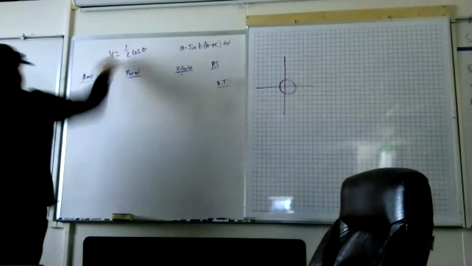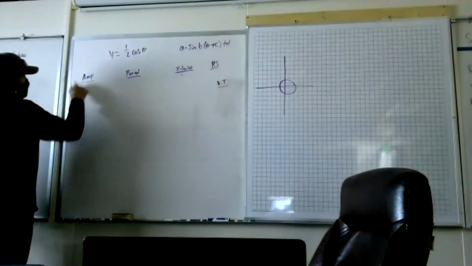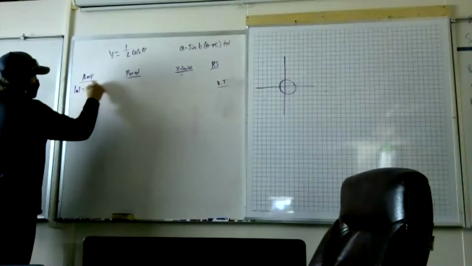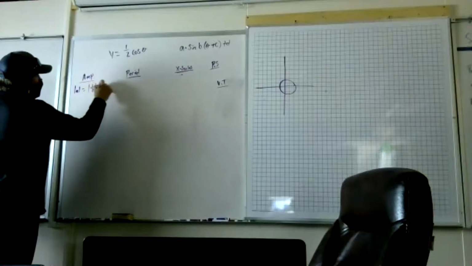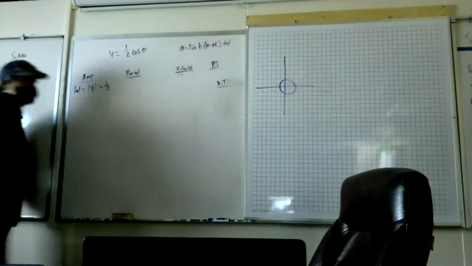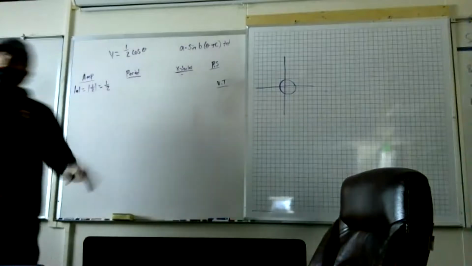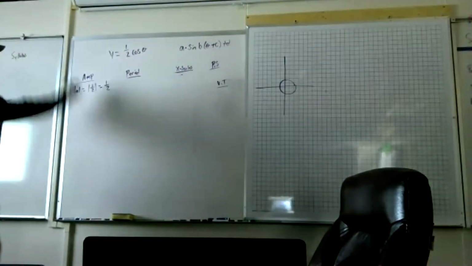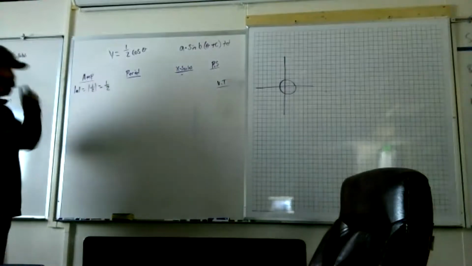So the amplitude factor has changed now. Amplitude comes from the absolute value of A, which in this case is the absolute value of 1/2, which is equal to 1/2. That means instead of going all the way to 1 and -1, it's going to 1/2 and -1/2. Amplitude is the distance from the midline.